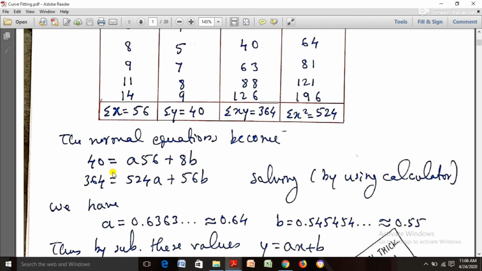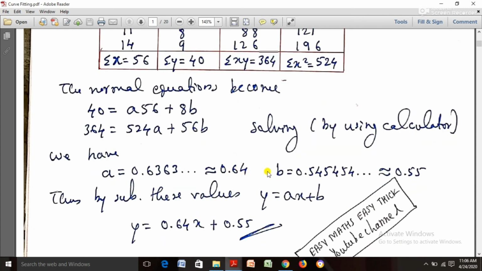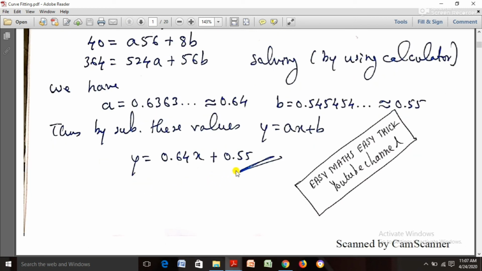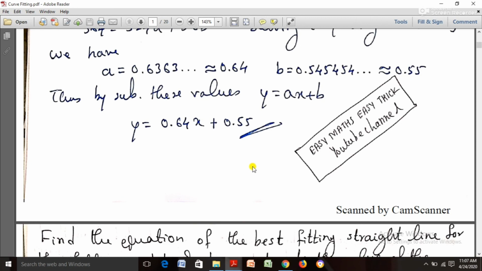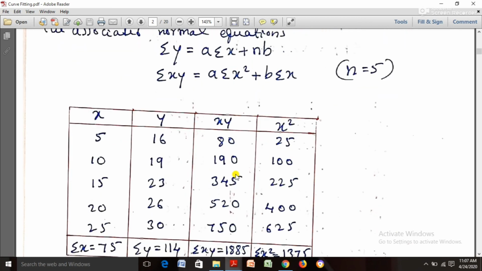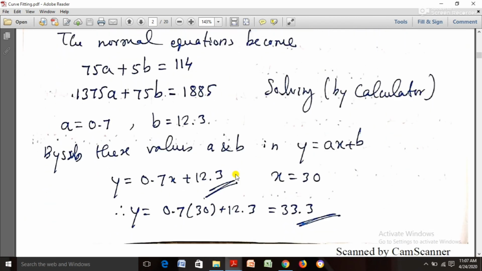Then solve these two equations, manually or by calculator, any method, to get the values of a and b. a is 0.64 and b is 0.55. Substituting in y = ax + b, we get y = 0.64x + 0.55. This is the first example, and the second is similar, just with different values.